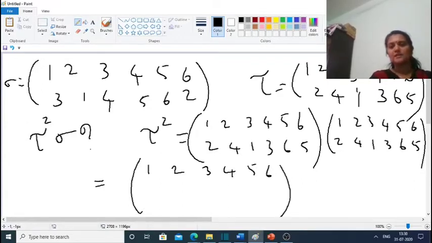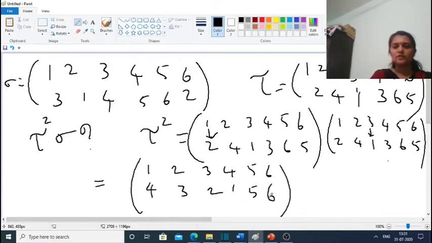From the right side we have to start. 1 to 2, 2 to 4; 2 to 4, 4 to 3; 3 to 1, 1 to 2; 4 to 3, 3 to 1; 5 to 6, 6 to 5; 6 to 5, 5 to 6. So this is tau square.